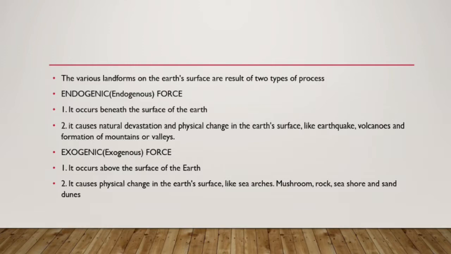Another type is exogenic. Here it occurs above the surface of the Earth. It causes physical changes in the Earth's surface like sea, ashes, mushroom rock, seashores, and sand dunes.